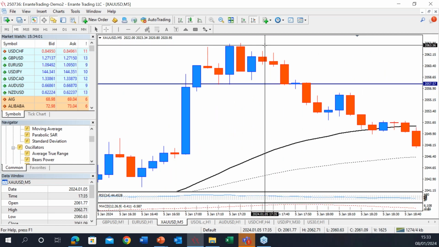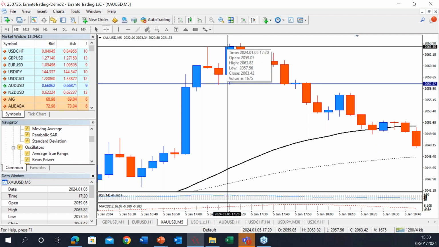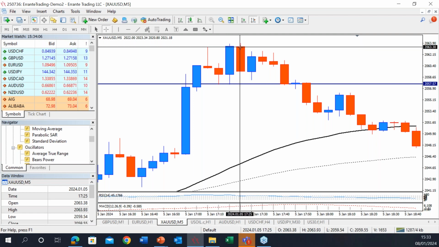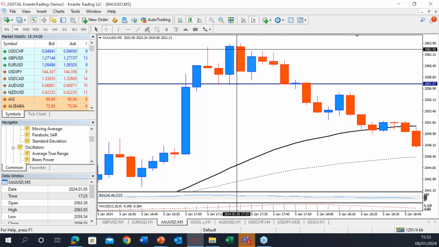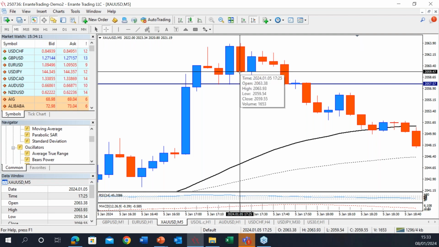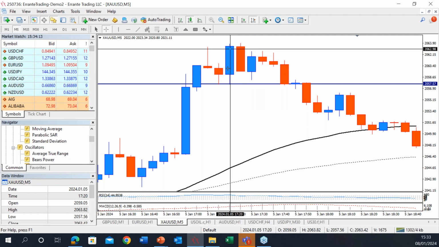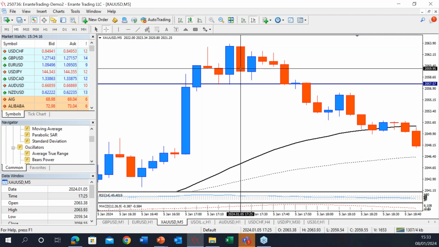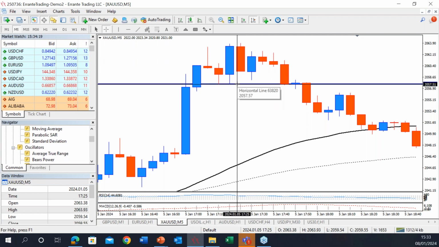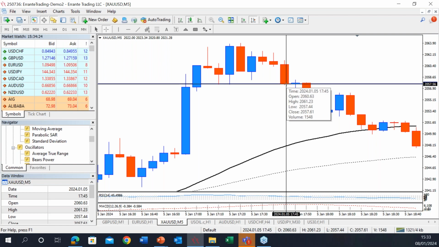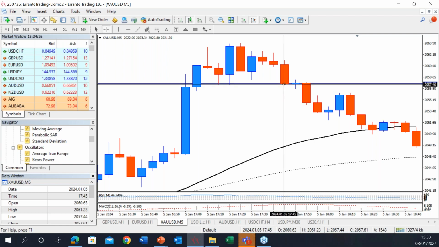We see the open of the second candle is lower than the close of the previous one, and it also didn't engulf the preceding candle, so it means we have the Harami. For trading this Harami, we need to see a close below this low, and at this moment the market appears to be more bearish, so it can be an entry point for us, but it could also be very tricky.